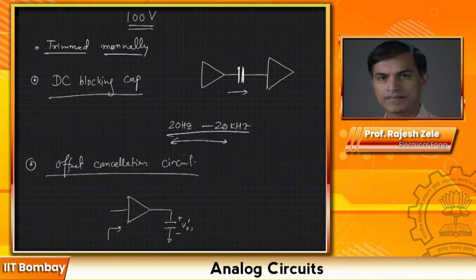And in the next phase, you can use that capacitor and subtract out the VOS as we go along to the next stage. So this requires some kind of special timing provisions, because you need to go through a cycle for offset cancellation techniques sometimes. Okay, so these are various techniques that people use to cancel out the offset.